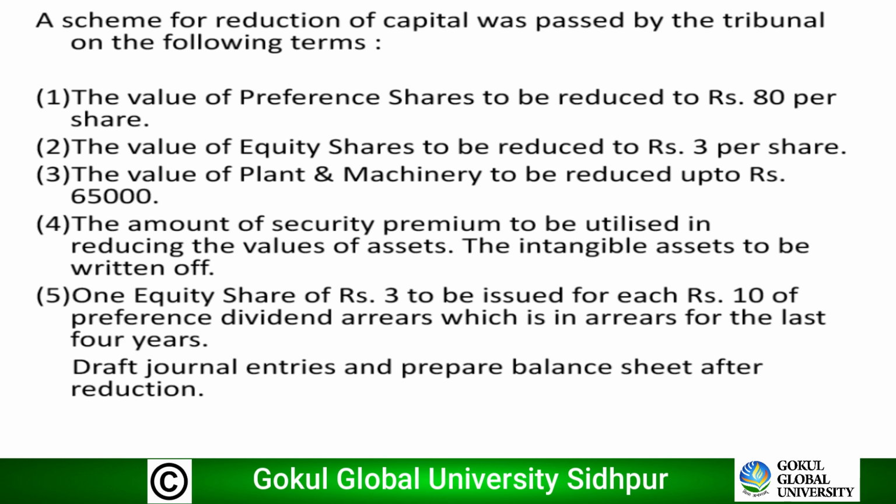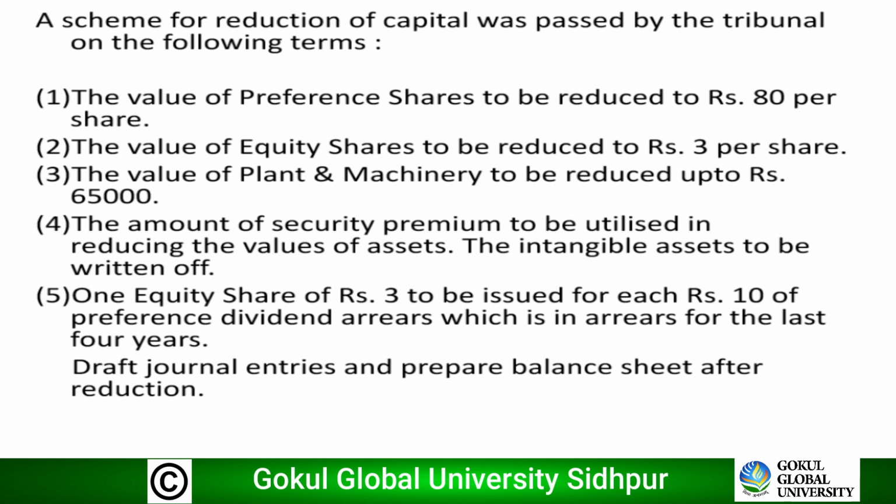Next, the intangible assets to be written off. Also for fictitious and intangible assets, whether information is given or not, we must compulsorily debit or write off all the intangible or fictitious assets at the debit side of the capital reduction account.